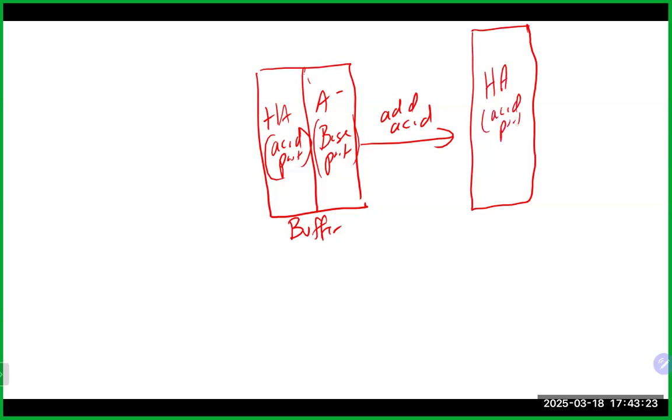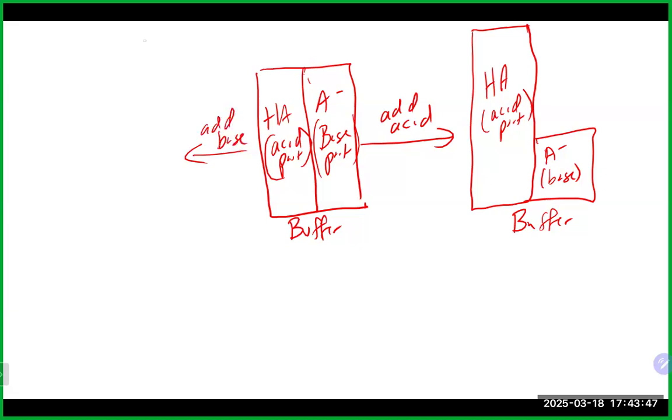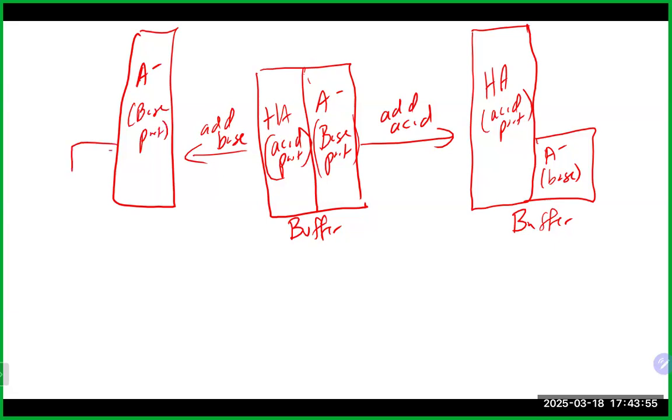So you'll use up some of the base part in this example, and you'll make some of the other part of the buffer. It allows it to work pretty well. Again, if you added base to this buffer, it would react with the acid part. You would then make more of the base part of the buffer, and it will use up a little bit of the acid part, or HA, of the buffer.